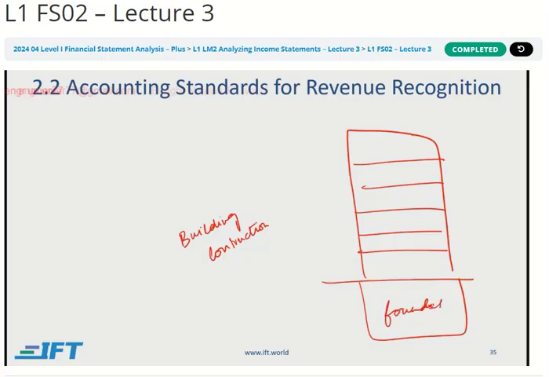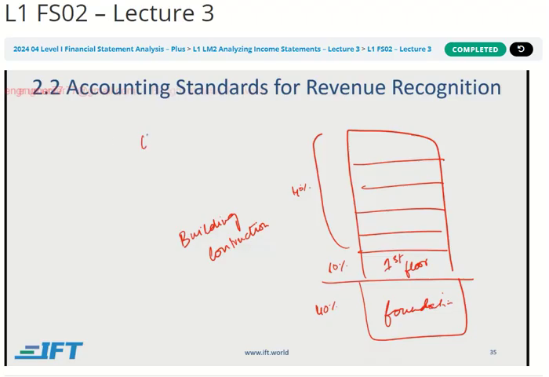In terms of cost, maybe 50% of the cost is going to be incurred in making the foundation. Let's say 40% of the cost will be in making the foundation, 10% in making the first floor, and the remaining 100 minus 50, 50%, is going to be for the rest of the floors.